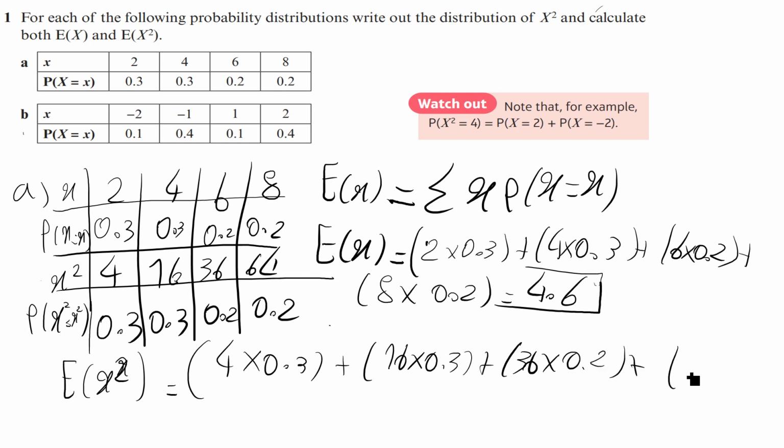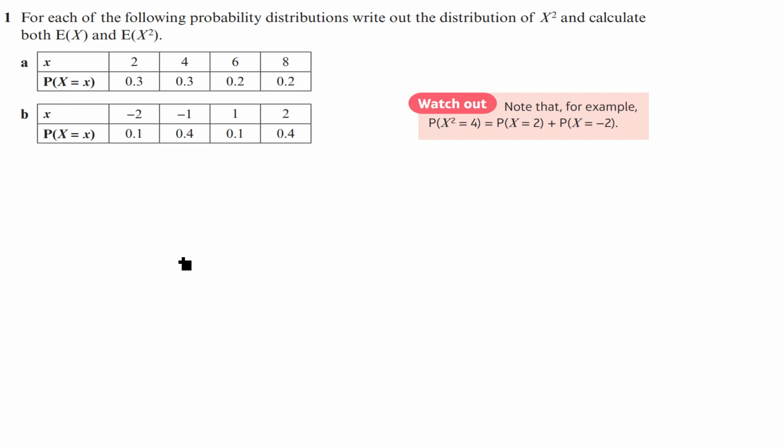Finally, 64 times 0.2. Okay, so the last step, let me write the value of this, which is equal to 26. Okay, so this is the first part of this question, which is part A, and everything is pretty straightforward and there's nothing new. So let's do part B.